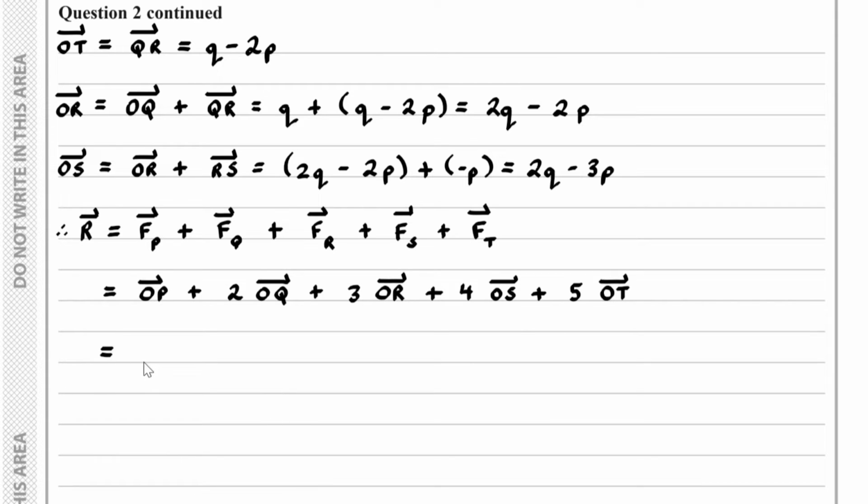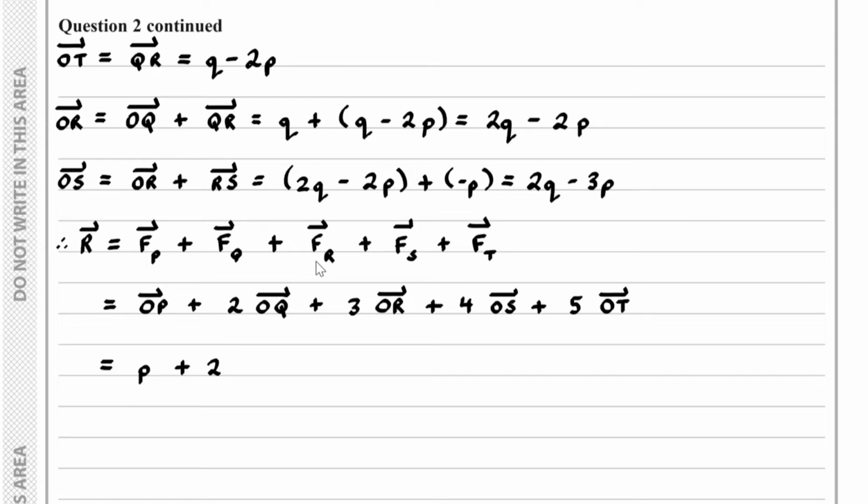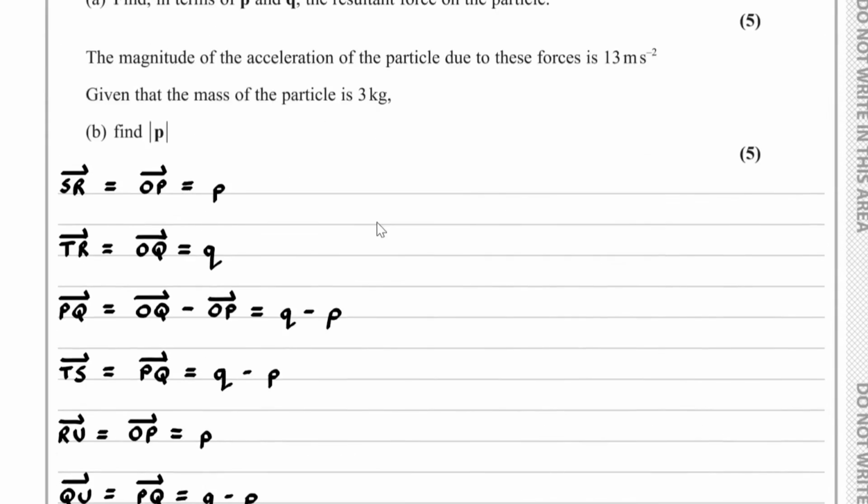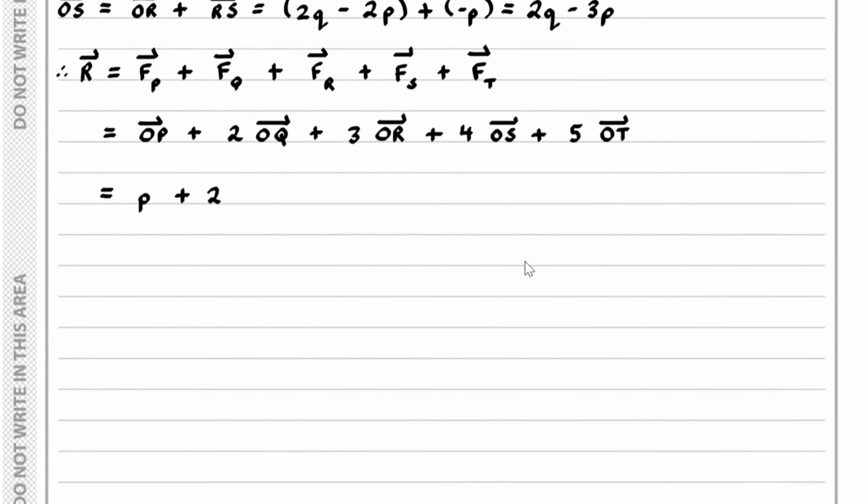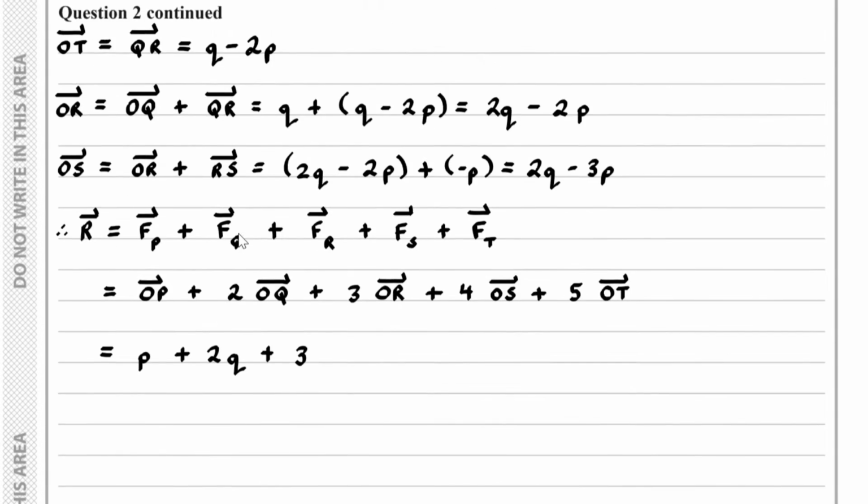So we've got the vector OP, which is P, the vector OQ, we found that out earlier to be equal to Q, so we add on 2Q. Then the vector OR, we found this to be 2Q minus 2P, so we've got 3 multiplied by 2 times Q, subtract 2 times P. Then we've got 4OS.